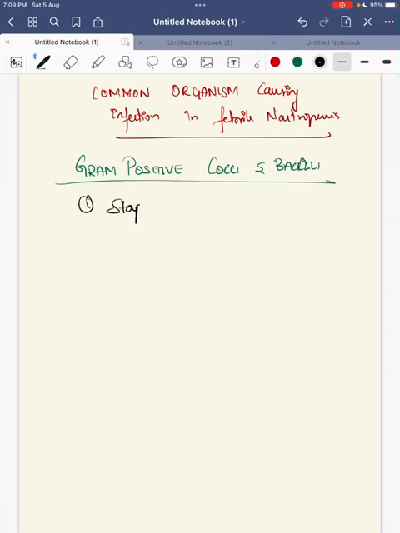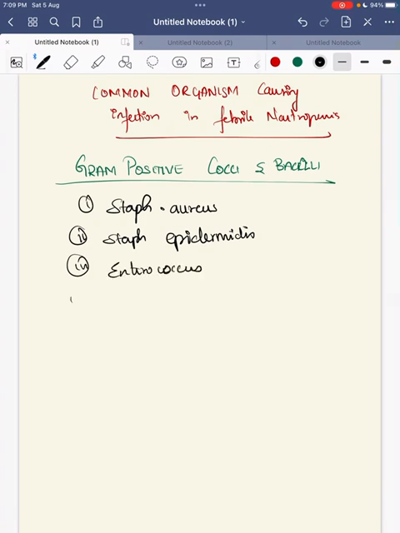In this, first is Staph aureus, next is Staph epidermidis, third is Enterococcus, and fourth is Corynebacterium. So among gram-positive cocci and bacilli, we have Staph aureus, Staph epidermidis, Enterococcus and Corynebacterium.